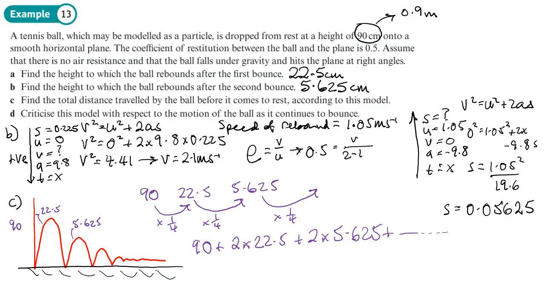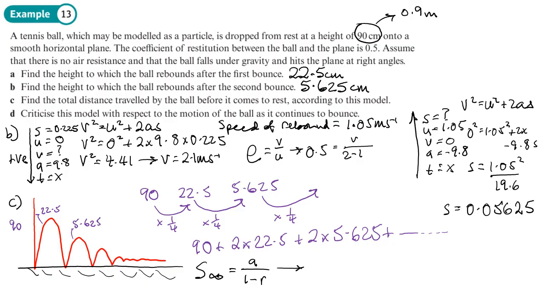I want to keep going like that. Now we're going to do this in meters, and we're going to use the sum of a geometric series, which is to infinity, which is the first term over 1 minus the common ratio.